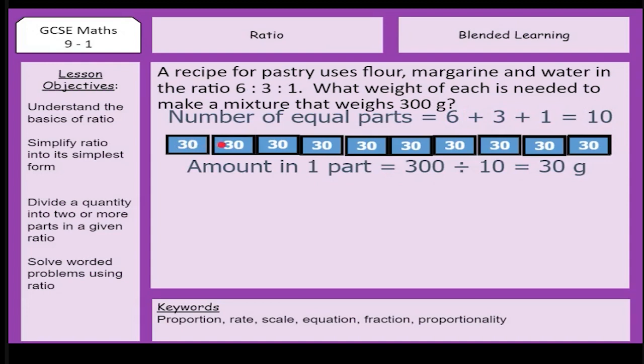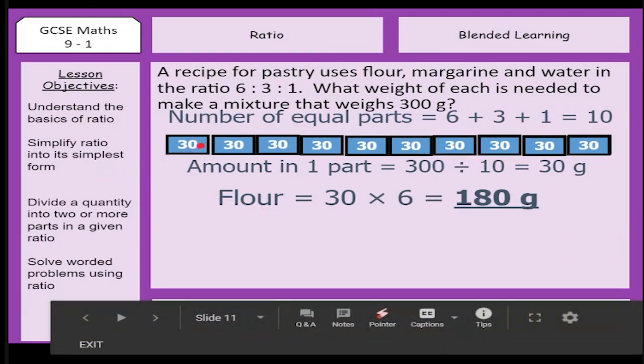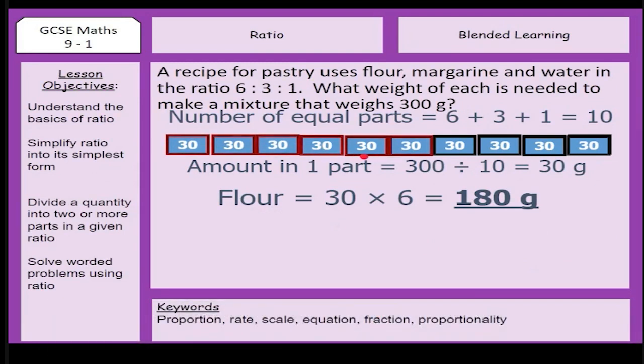So I have 30 in each one of these. I work out how much flour I need. Well, flour is 6 parts. So that's 30, 60, 90, and so on, all the way up to 6. So 6 times 30 is 180 grams.